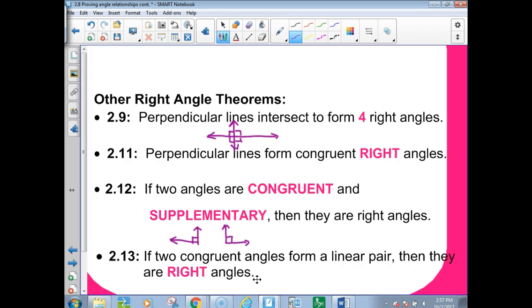And if two congruent angles form a linear pair, then they're both right angles. That would look like this, where the last one, they don't have to be a linear pair. This one is saying they are. So none of this is that really hard. We're not really going to formally write these by the numbers at all into our proofs. We'll just say things.